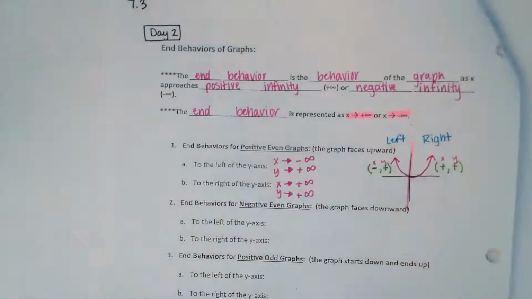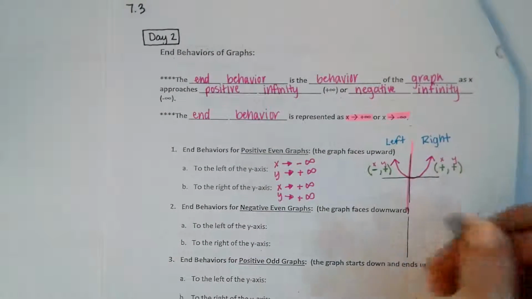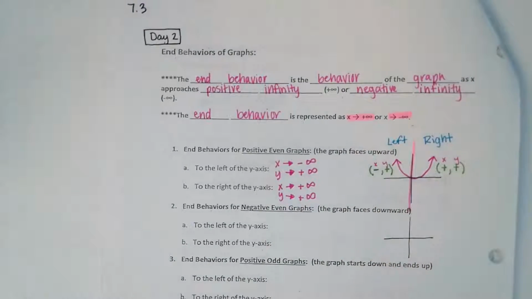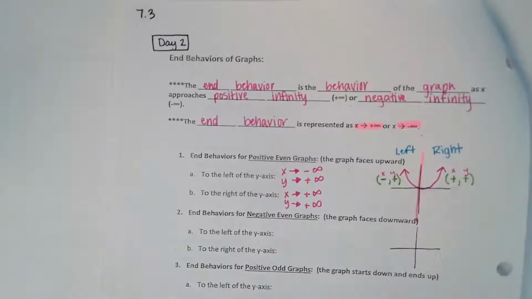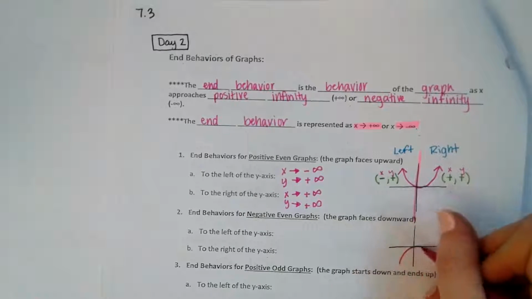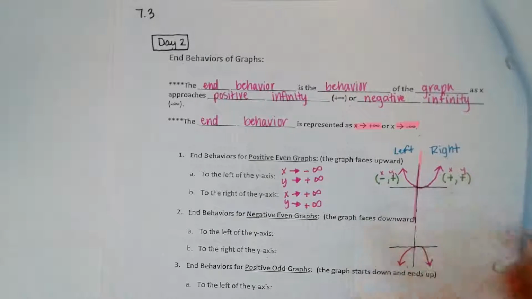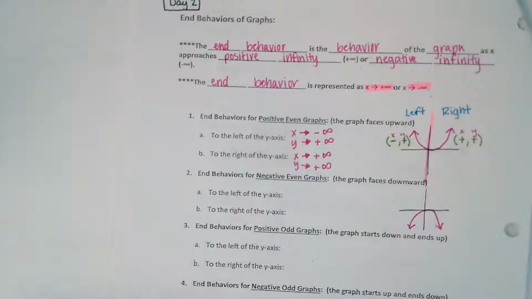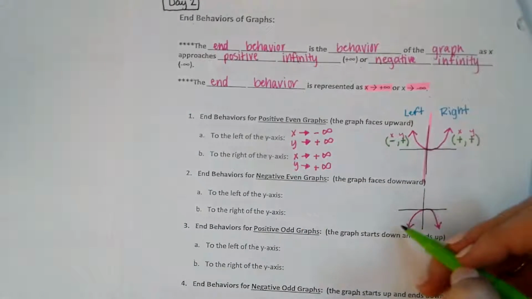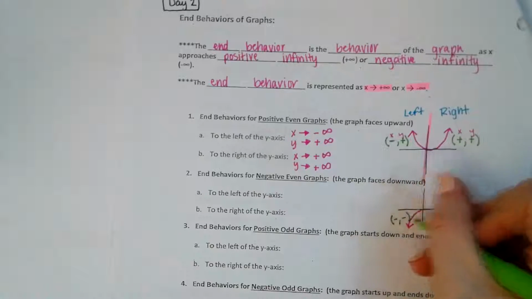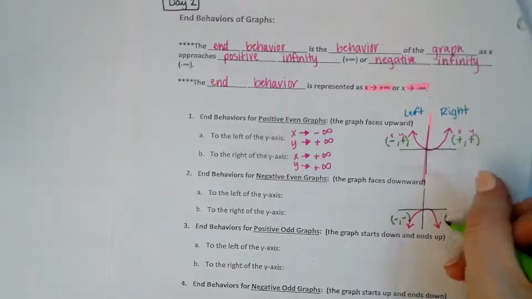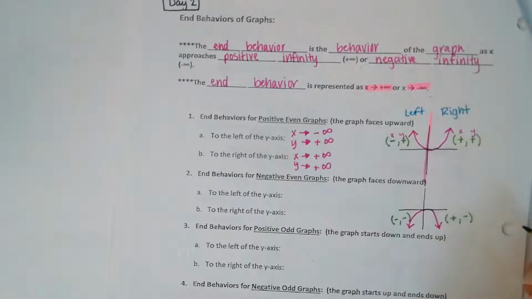Okay. So now negative even graphs. A negative even graph would be something like this. In this quadrant, both the x and the y values are negative. Then over here, x is positive, but the y's are negative.